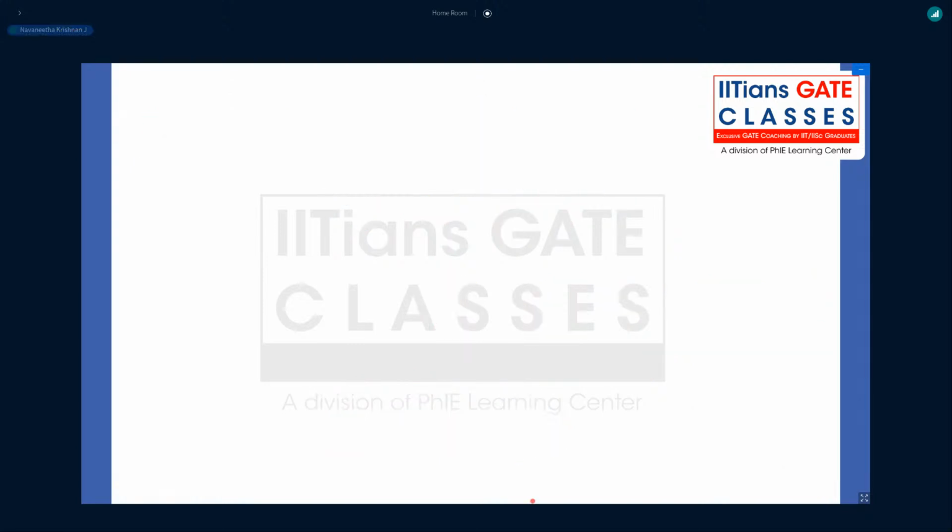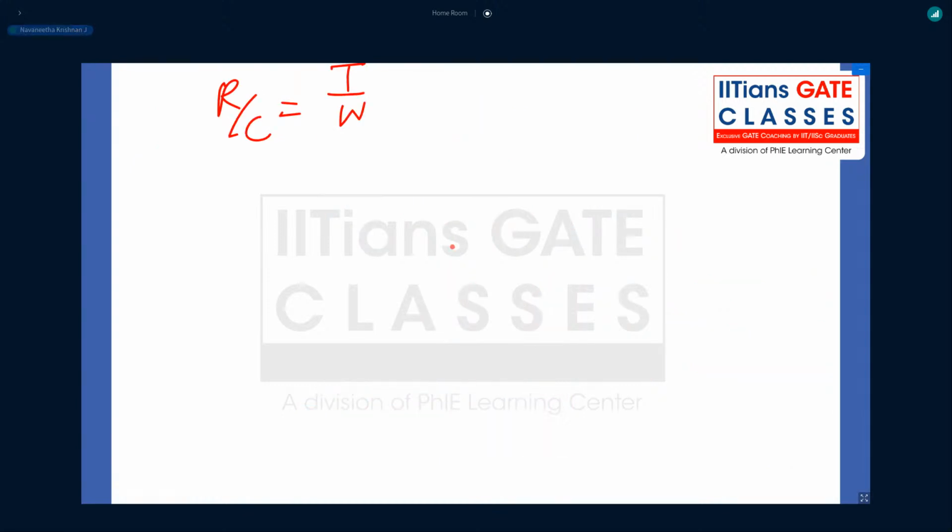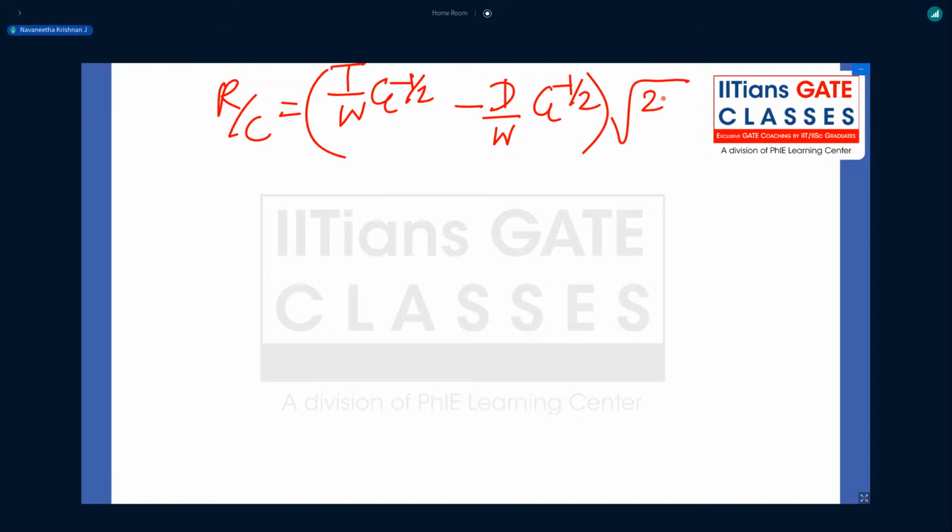So rate of climb is nothing but thrust by weight times CL power minus 1 by 2, minus drag by weight times CL power minus 1 by 2, multiplied by root of 2W by rho S. Okay.